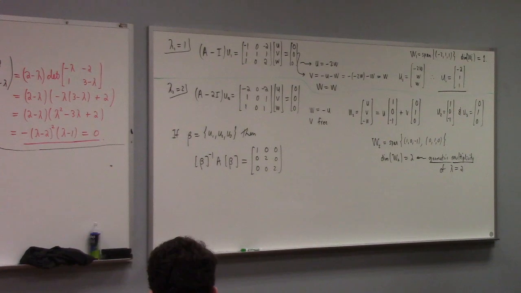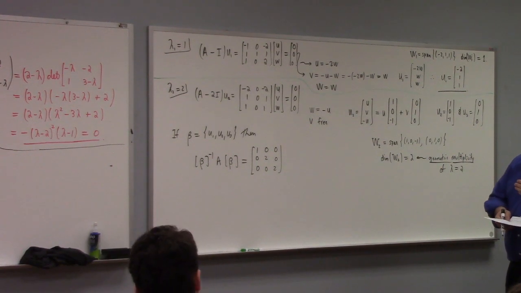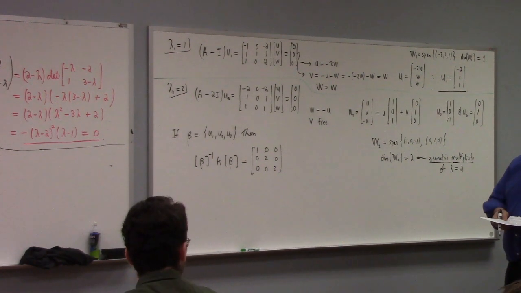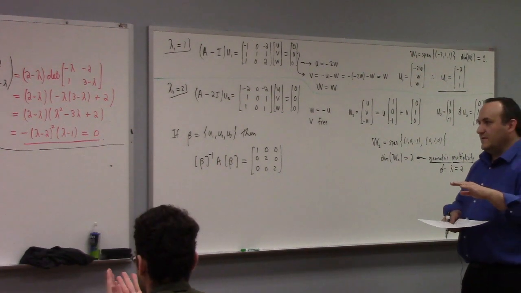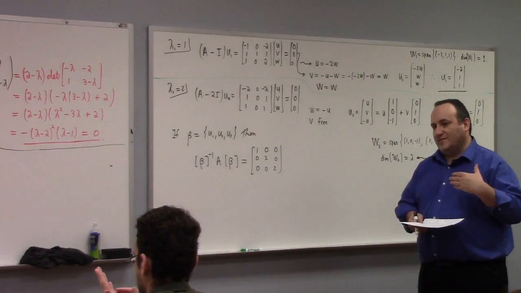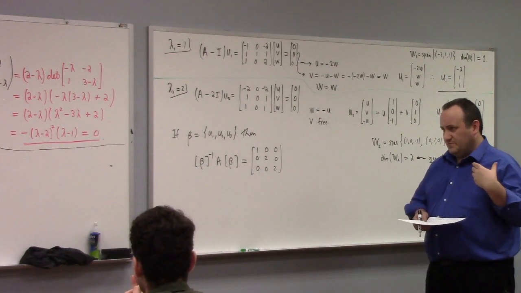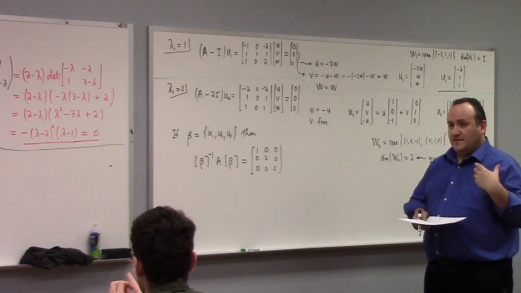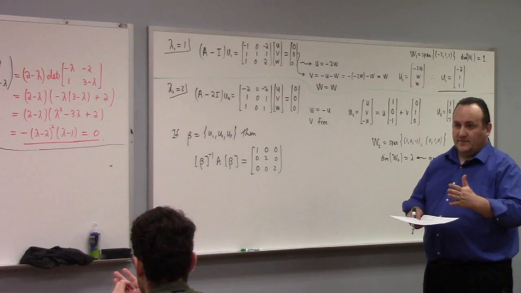Let me explain why that is. The sum of the algebraic multiplicities will always be n, because we're talking about an nth order polynomial. Well, I should clarify further: if the polynomial has all real roots. If you've got a 10 by 10 matrix, you have to have 10 roots if they're all real.